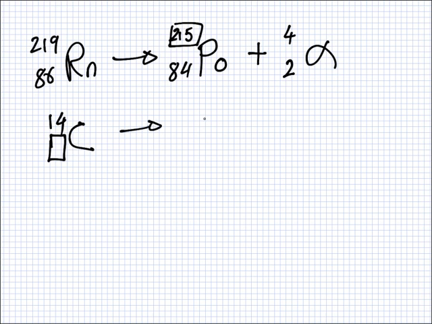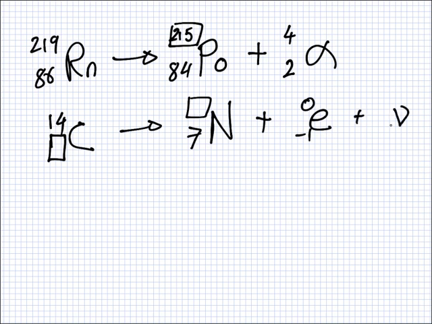It makes N, nitrogen, with unknown on top and 7. And e, small e, electrons: 0 and -1. And the antineutrino, like this with a bar on top.